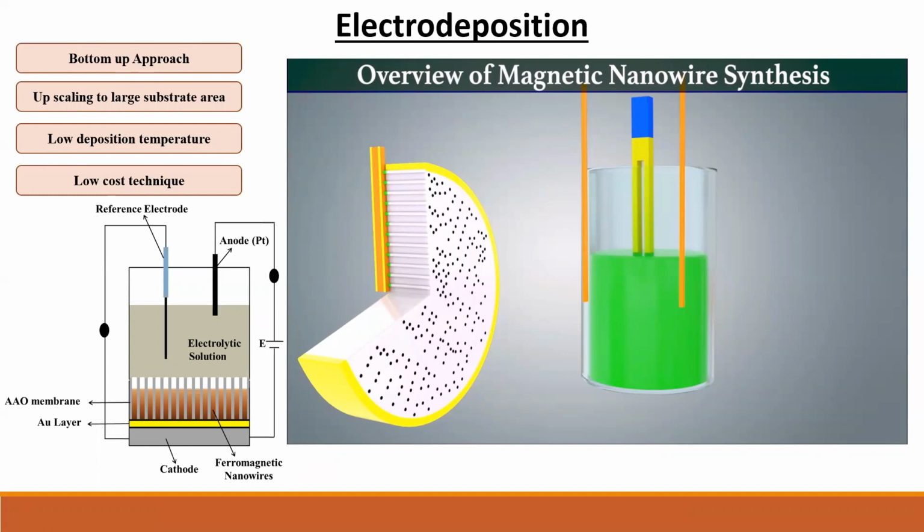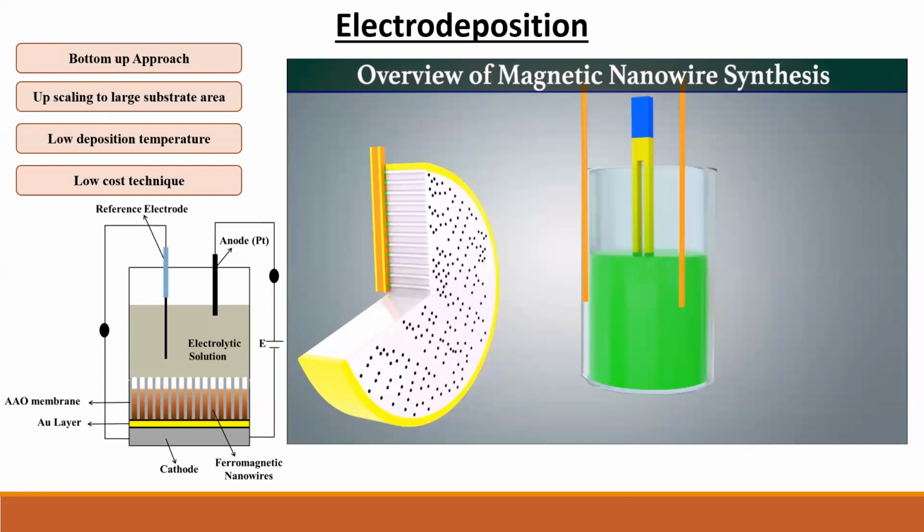We don't require very high temperatures to deposit the nanomaterials like in other techniques such as sputtering and PLD, where we require very high temperatures. So the electrodeposition technique can work at room temperature also. And most important, it is a low cost technique. By just using 2 electrodes, we can deposit the nanostructures or nanomaterials in these porous anodic alumina templates.